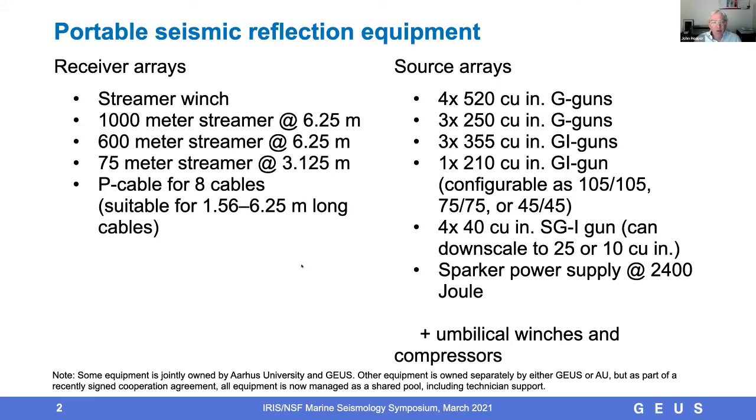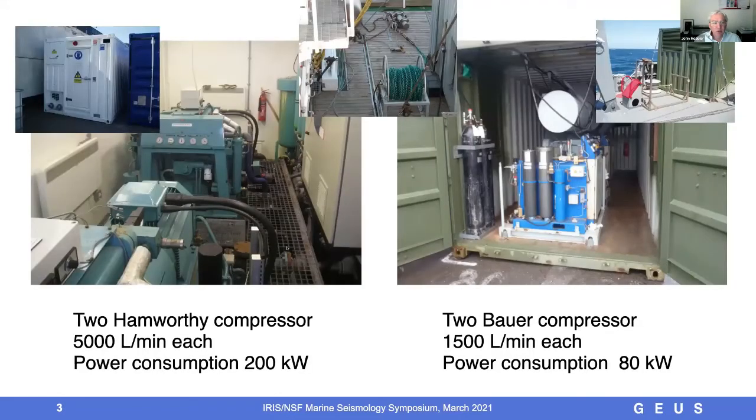I thought I'd show you just a few pictures of what things look like. So for air sources, we have 2 Hamworthy compressors. That's shown up here on the left. It's shown in this picture as a white container, but it has since been painted blue. So in some of the examples I'll show you of the equipment in use on different vessels, it'll be a blue container.